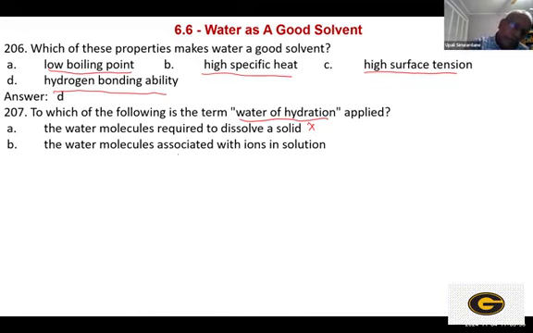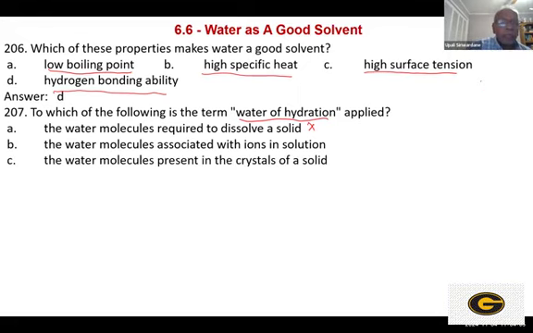An ion surrounded by water molecules. A water molecule in a solid is hydrated water. Hydration is not the idea.